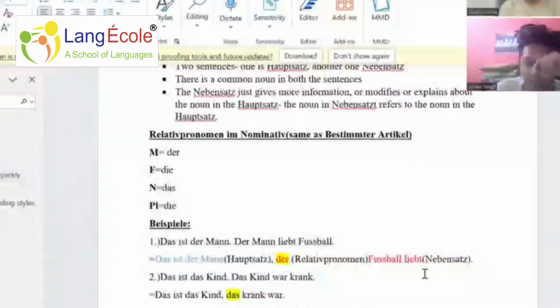So, Fußball liebt. Now, why liebt? Because we are conjugating as per the man only. Man is third person. So, der Fußball liebt. Now, this is the man who loves football, if I go with the translation.